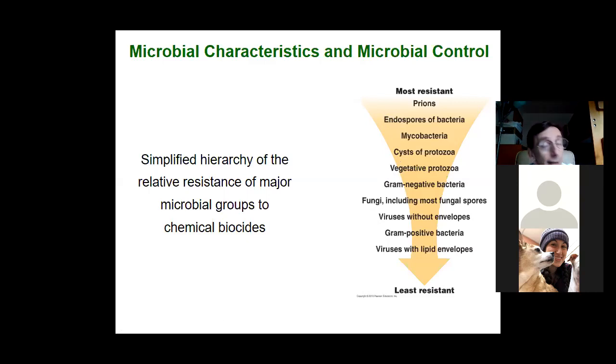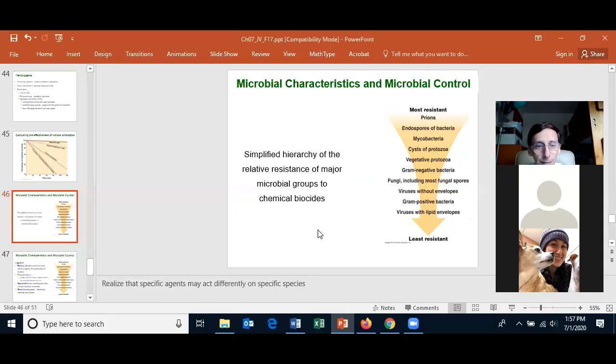I'm not sure. I'll have to look that one up. I'm not sure how good it is on killing viruses, so maybe I should hold off on talking about killing of viruses with hydrogen peroxide. So realize that specific agents may act differently than this general comparison. All right?